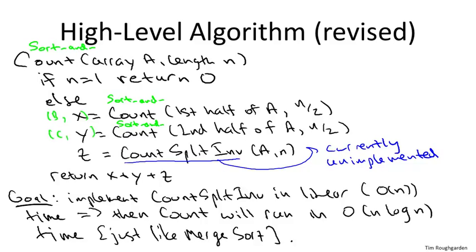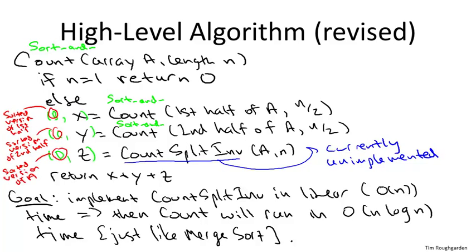And now count split inversions, in addition to counting split inversions, is responsible for merging the two sorted subarrays B and C. So it will be responsible for outputting an array D, which is a sorted version of the original input array A. I should also rename our unimplemented subroutine to reflect its now more ambitious agenda. We'll call this merge and count split inv.